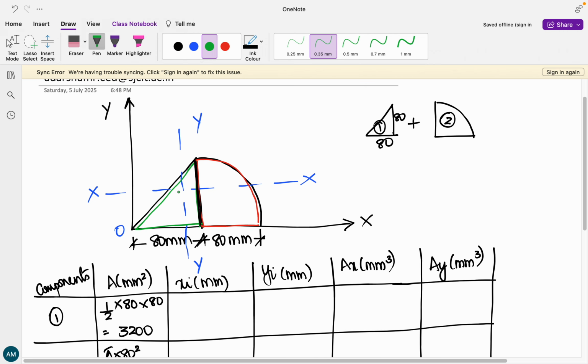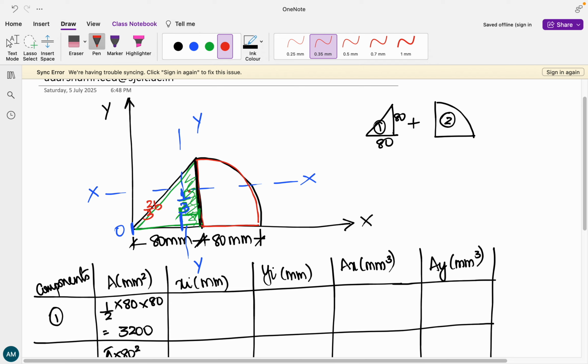Next, let us write xi. For the first case, the xi is going to lie somewhere over here. We have always written that wherever the area or mass is going to be more, from that point to the centroid it is going to be 1/3 of the distance. But we are calculating from the other end, so obviously it is going to have a distance of 2/3 of the base.